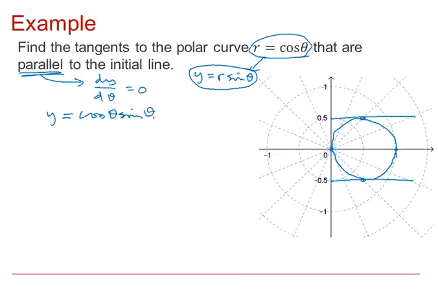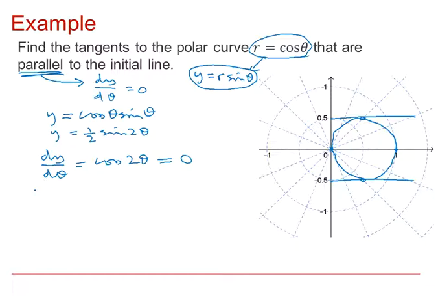Now we could differentiate this with a product rule, but it's much neater to use a double angle formula and turn it into a half sine 2 theta first. Now when we differentiate it, just using a little chain rule, we get dy by d theta is cos 2 theta. And we want dy by d theta to be 0 because that's the condition for these parallel tangents.